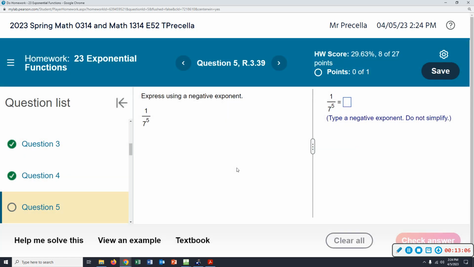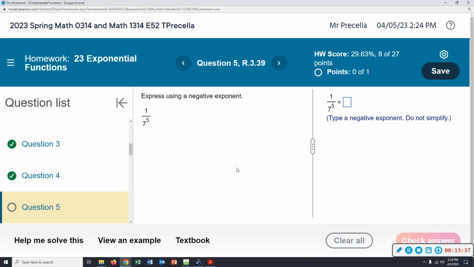Okay. Now here's something interesting. It says write it using a negative exponent. Usually what we want to do is take a negative exponent and write it with a positive exponent. But there are times when we're going the other way. Here we have a 1 over 7 to the 5th.